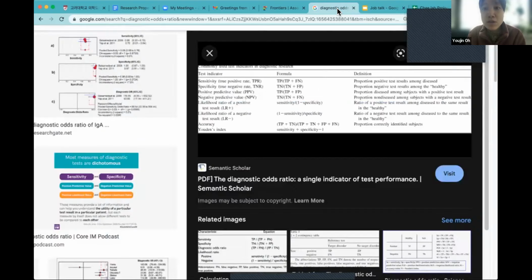According to this table, I don't even need R to calculate accuracy and Youden's index. It can be done in Excel, because if we have these four basic numbers, and we were able to pull sensitivity and specificity, then I can use those numbers.